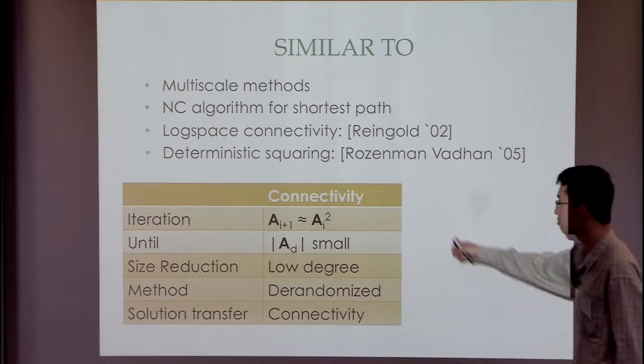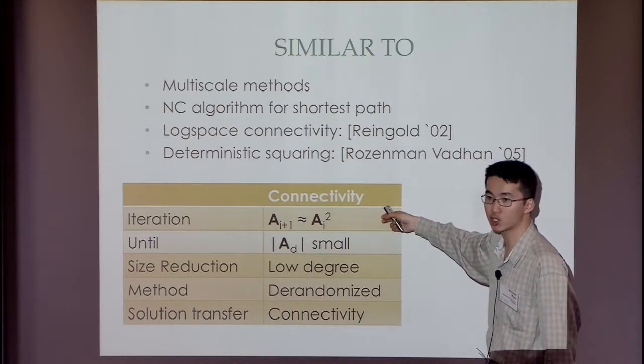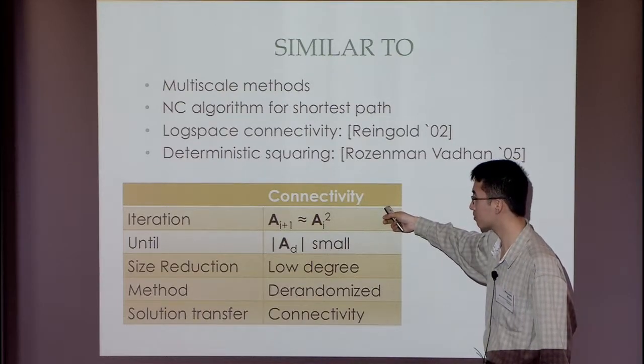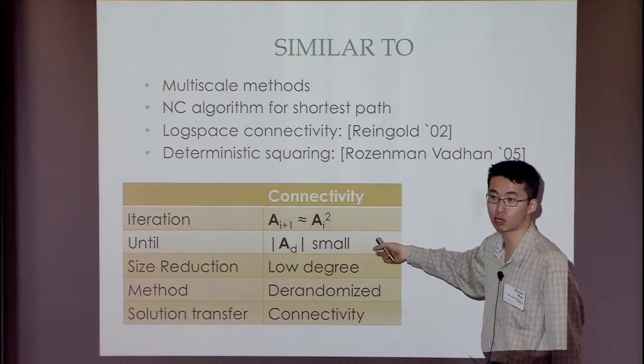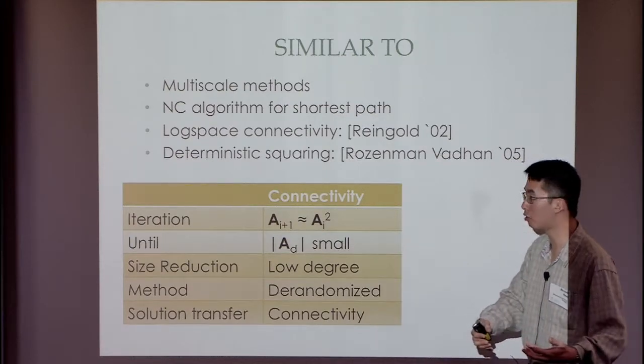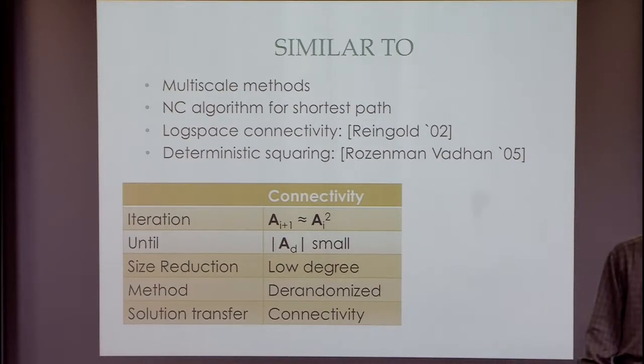What they do is repeatedly square the adjacency matrix until the spectral norm of the matrix is small. At every step, they take their graph and reduce it to a low degree graph via the use of expanders. They use a derandomized method, and what they want to maintain is connectivity in the graph.